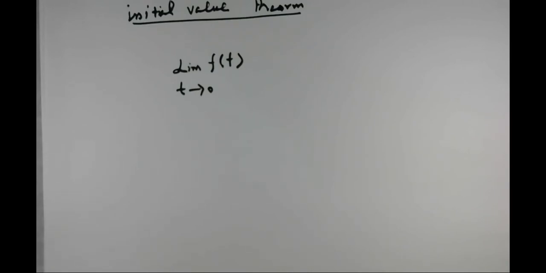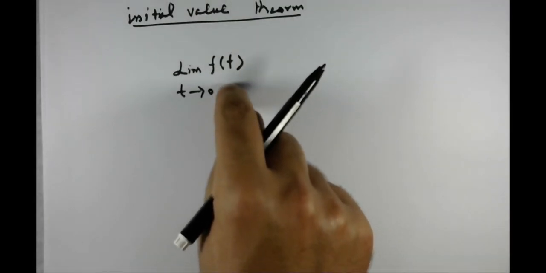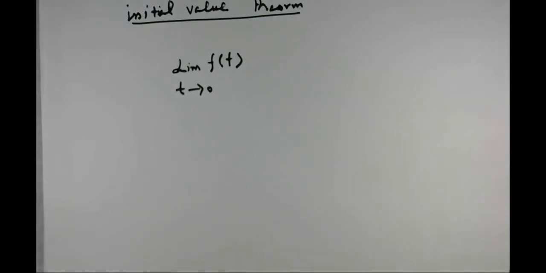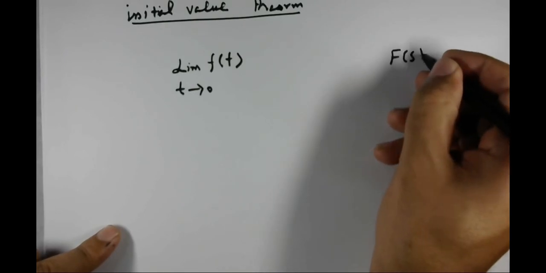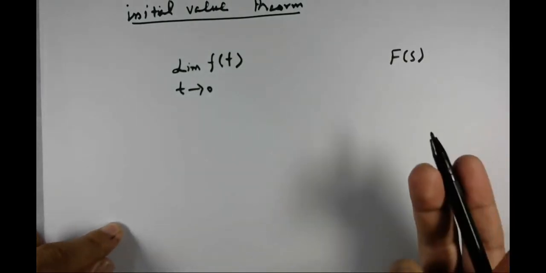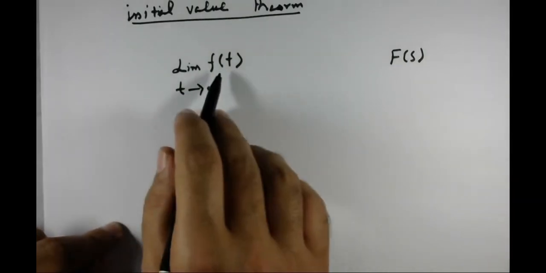Now, what will happen if instead of a time domain function you are given the Laplace transform function? That is, you are given say F of s. Then how are you going to find the initial value for this f of t?